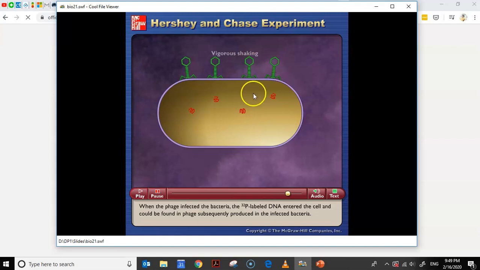So once you separate these two by the centrifuge technique, the first time the bacteria didn't have radioisotope and the coat protein had. Second time, bacteria has it but coat protein doesn't.